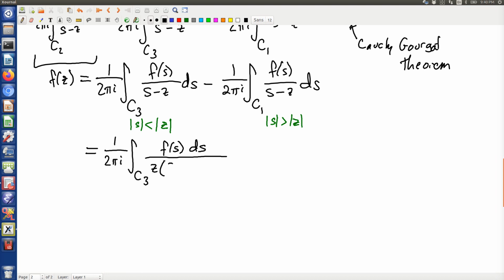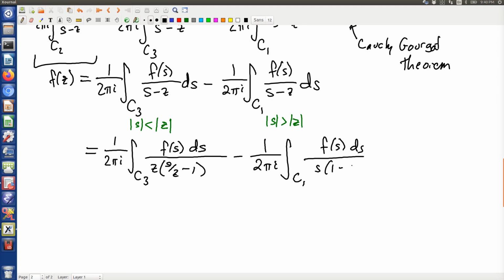So if I factor that out, I'll get an s over z, and minus 1. And over here, I'll want to do the opposite, factoring out an s. So you will notice now that I basically have two geometric series floating around, one with an s over z and one with a z over s.